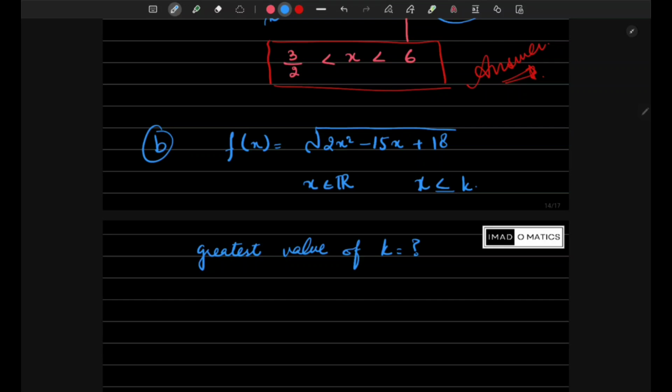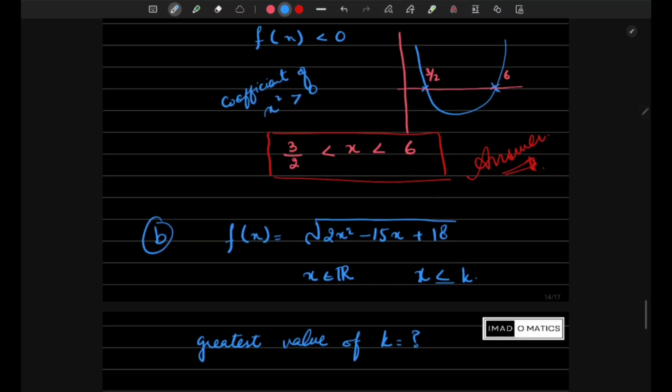So from part A, we have the roots 3/2 and 6, and the parabola opening upward, and the function is negative between the roots.